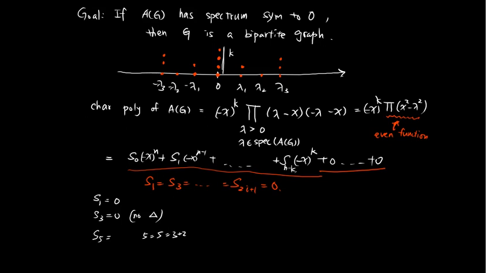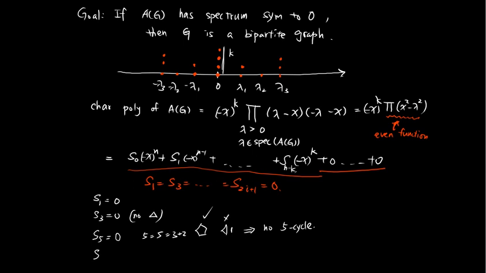So the only cases are that you got a 5 cycle, or a 3 cycle with an edge. But we know there is no 3 cycle, no triangle, so it is basically just counting the 5 cycles. So S5 equal to 0 tells us that there is no 5 cycle.